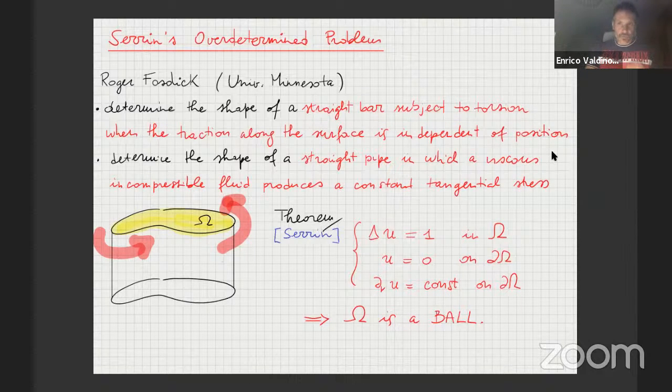But I want to really spend a few minutes to remember this pioneering view by Fosdick, who was able somehow with this scientific curiosity to open these beautiful fields of research. So posing two beautiful questions to Serrin.